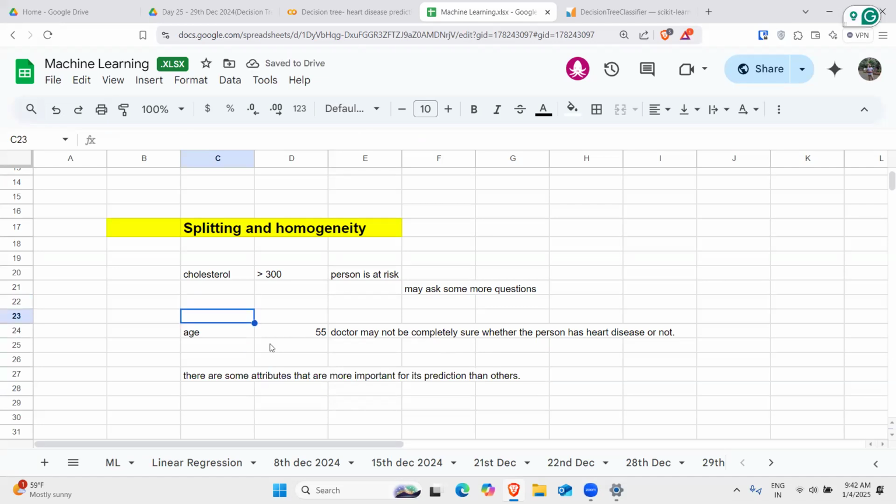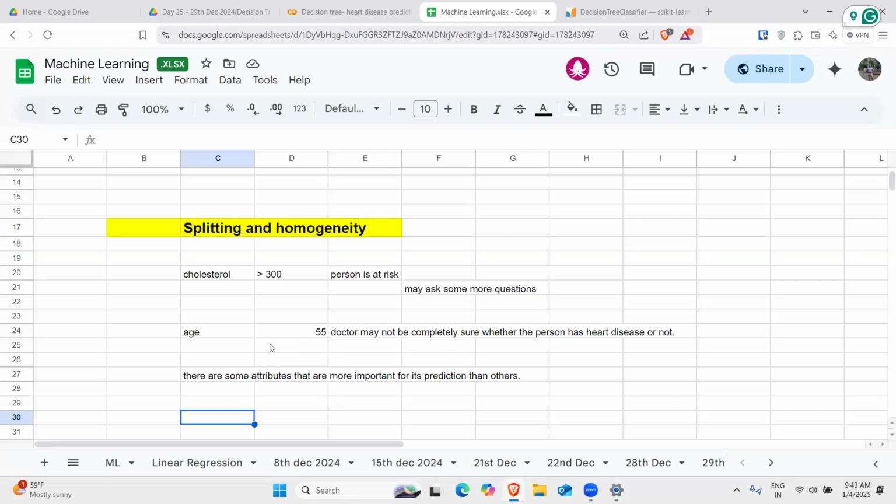So in our case, you saw the cholesterol level is a more significant attribute than age in the prediction of heart disease. Why is that? It is because for the doctor it might be evident from past records that people with higher cholesterol levels have a higher chance of having heart disease.